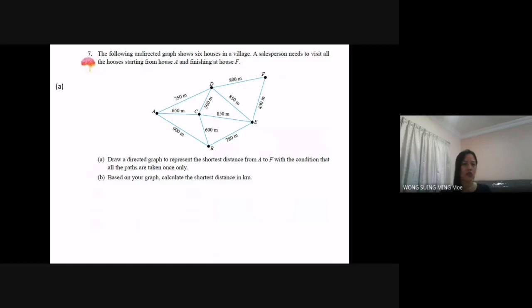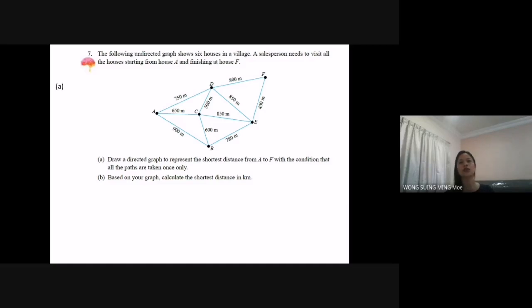Okay, now we look at question number 7. This is the last question for today because I actually only asked you to answer question number 1 to question number 7 only. Okay, so the following undirected graph shows 6 houses in a village.